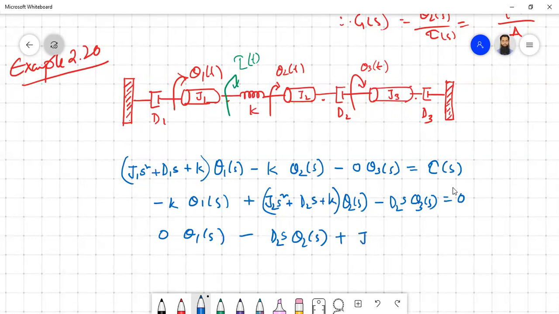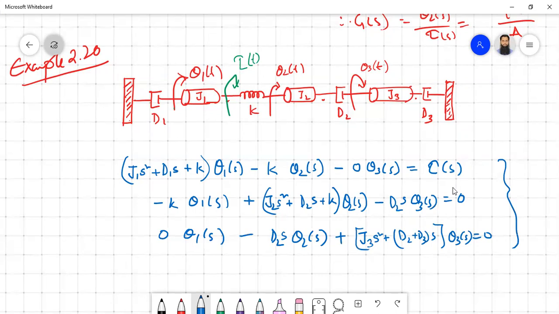So basically J3 s square plus d2 plus d3 s, but there is no spring effect, so equal to 0. Now you have three equations and three unknowns to solve: theta 1, theta 2, theta 3. So you can easily find the corresponding transfer function that you are being asked to figure out.